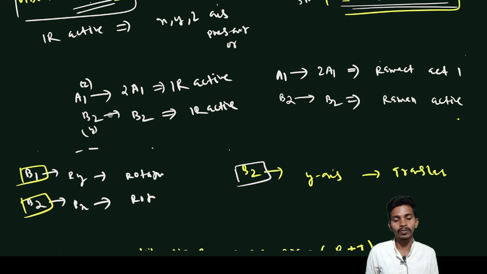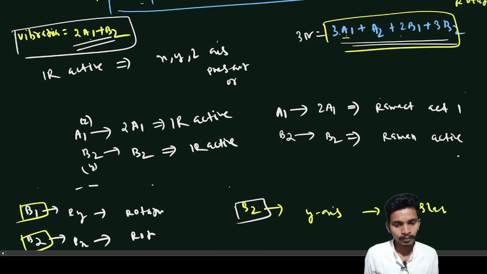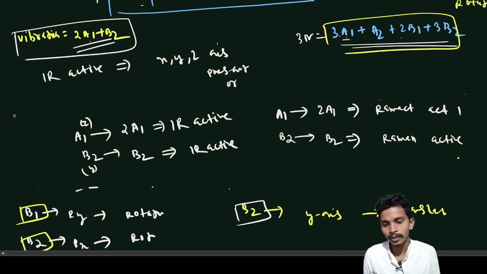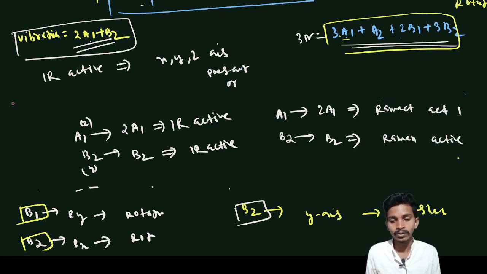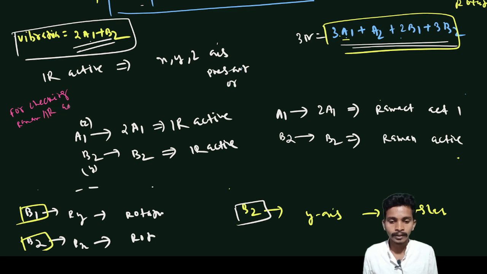So likewise we will look at that. Note one thing here: whenever you are checking whether something is IR active or Raman active, use the stoichiometric coefficient.